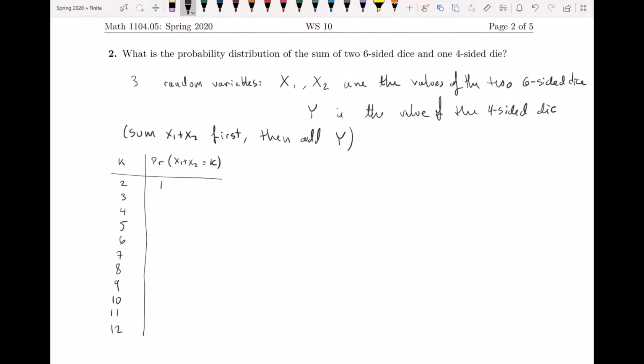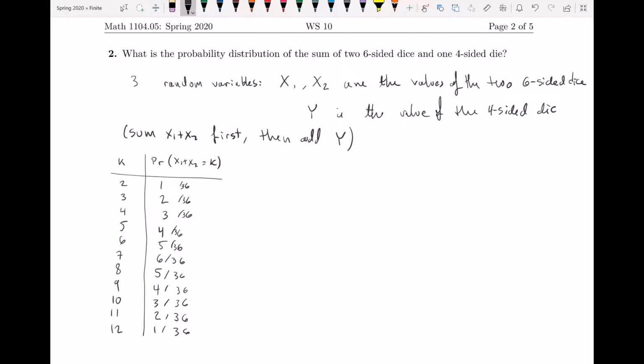And the probability is 1 over 36, 2 over 36, 3 over 36, 4 over 36, 5 over 36, 6 over 36, then back down 5, 4, 3, 2, 1, all over 36. I'm not simplifying fractions to make the pattern of values clear. If we scaled it by 36, it's just linearly increasing and then linearly decreasing.